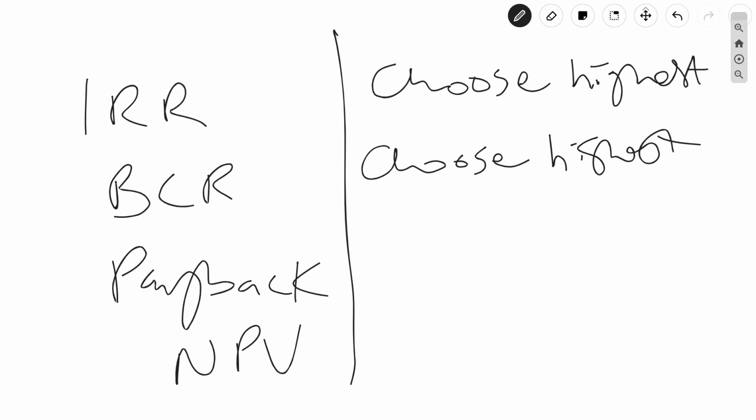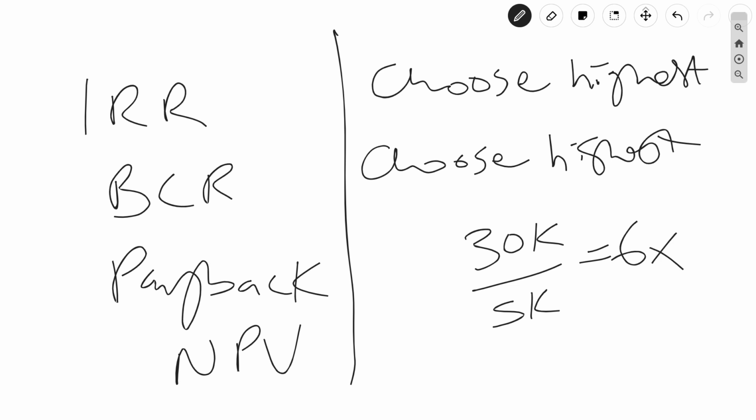So think about it. You're getting revenues of 30K and then the cost is 5K. You're getting 6 times the cost. So the higher it is, the better. The higher the BCR, the better it is.